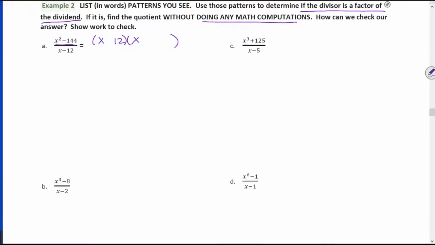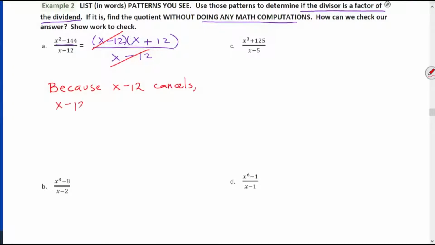Well, it's 12 and 12 minus and plus divided by x minus 12. This will cancel with this, and because it cancels, it is a divisor. And we can also see from this work that the quotient will be x plus 12.